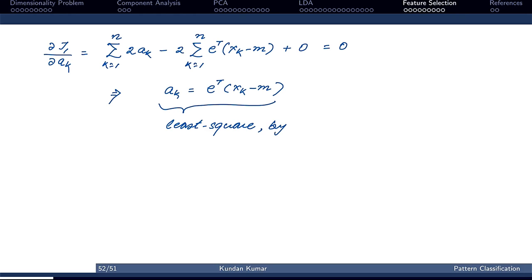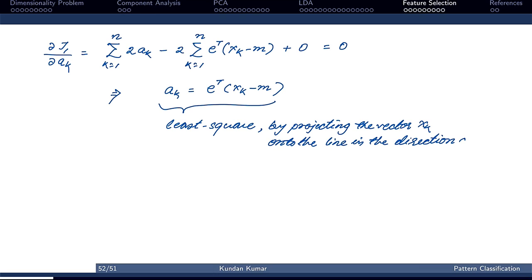By projecting the vector x_k onto the line in the direction of E, and that passes through the sample mean.